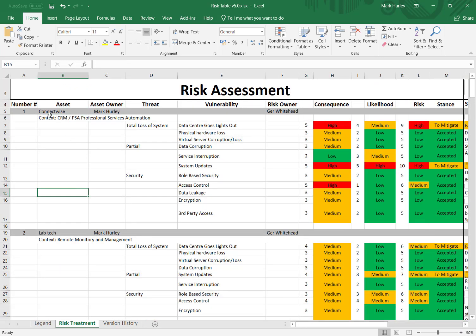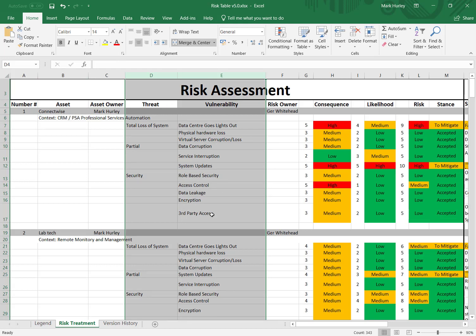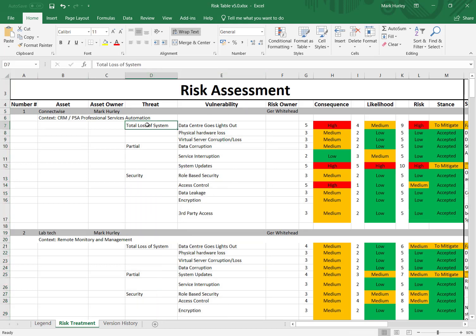Zooming in to our risk assessment component, we're looking at a particular business system in our organisation called ConnectWise, which is really our ERP system. It's our ticketing, our projects, our billing, it's everything really to us. Now, I'm going to hand this over to Aaron to discuss the threat elements and the vulnerability elements that you see here.